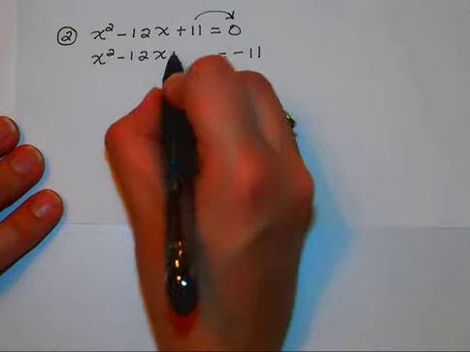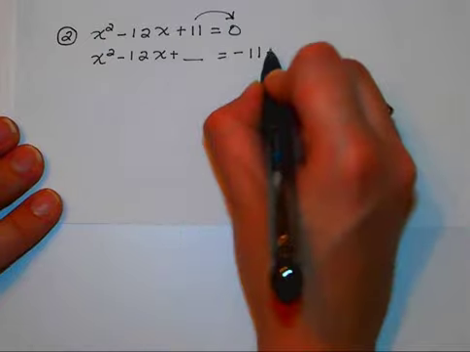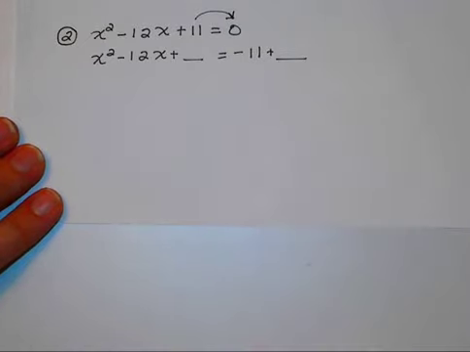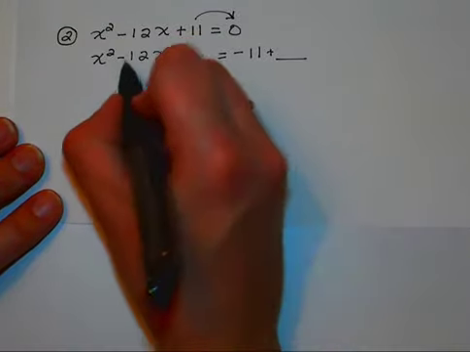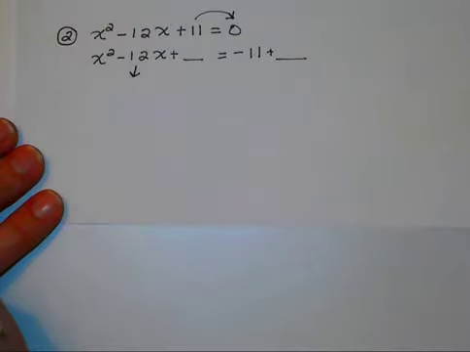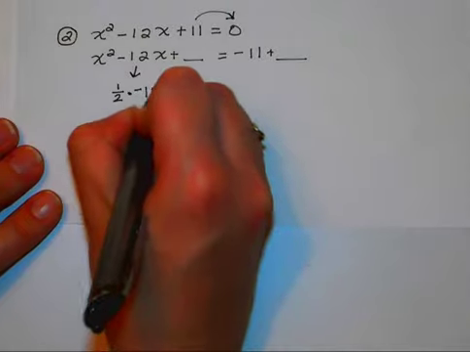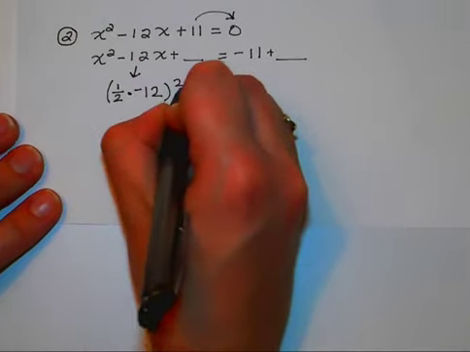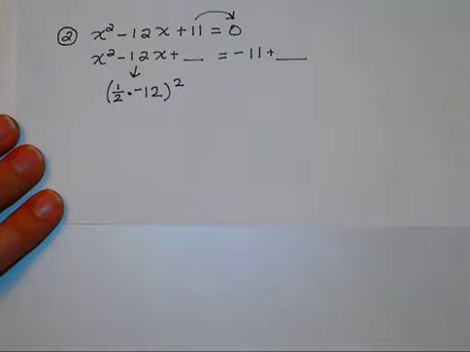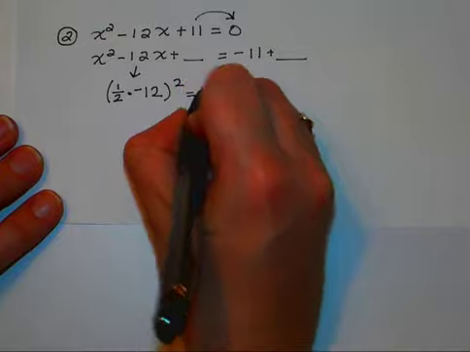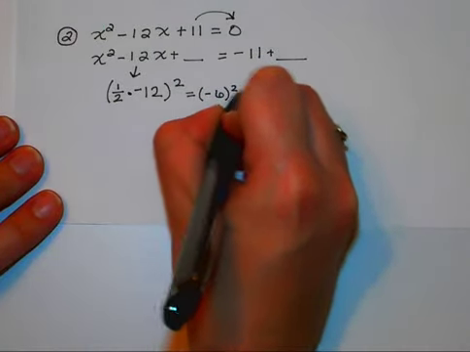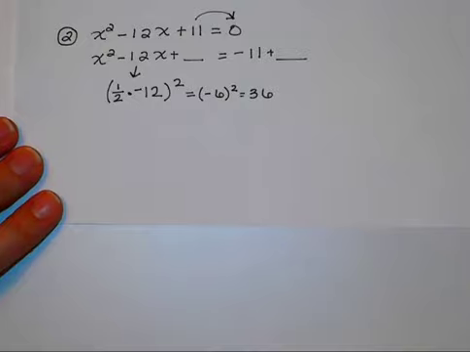Then I'm going to make myself the spaces to figure out what number we're going to add to complete the square. To find that number, we always take the middle term, our b value, find 1/2 of that number, and square it. So we're looking at 1/2 of negative 12 squared. Half of negative 12 is negative 6. Negative 6 squared is 36. So that's the number we add to both sides of the equation.